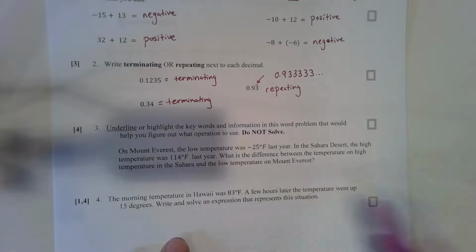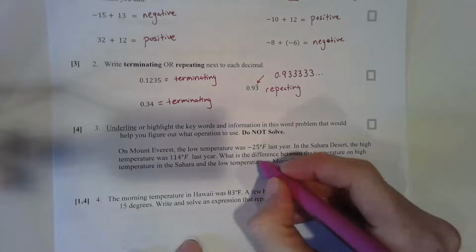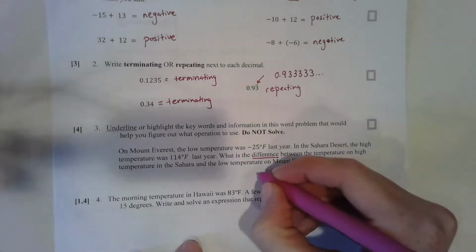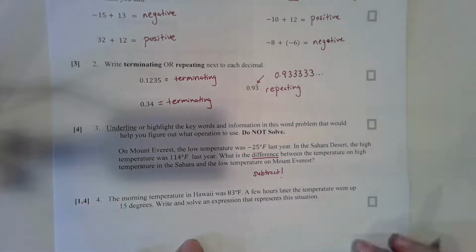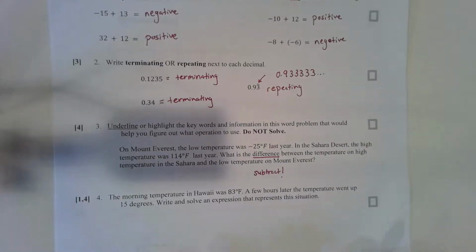What is the difference between the high temperature in the Sahara and the low temperature on Mount Everest? So there's one little word in here that helps you, and that's that word right there. And that means to subtract.